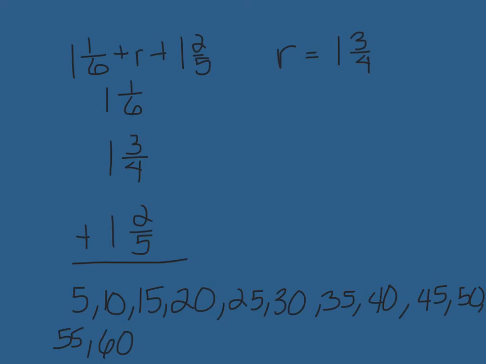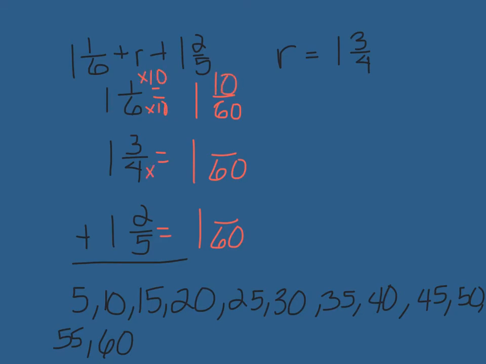So I'm going to put my equal signs right here, bring over my whole number 1, and my fraction bar. This is going to be a 60. My whole number 1, 60, and my whole number 1 and 60. Okay, so 6 times 10, so 1 times 10 equals 10.